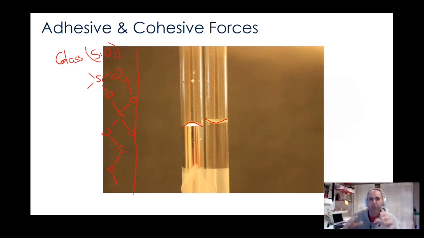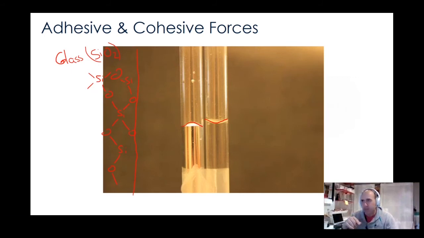And so the strongest bonds that can form are the ones that are going to form. The mercury atoms squeeze towards each other, away from the sides of the glass. They try to minimize the amount of contact with the glass and maximize the number of metallic bonds, and it creates this convex meniscus that we observe.